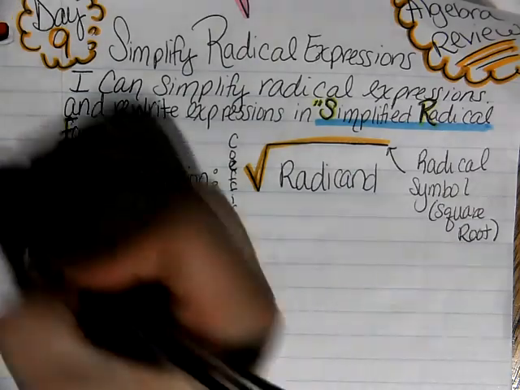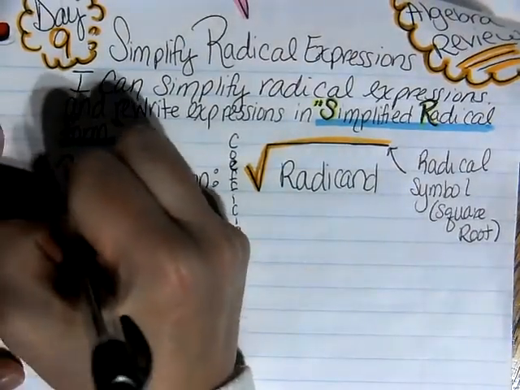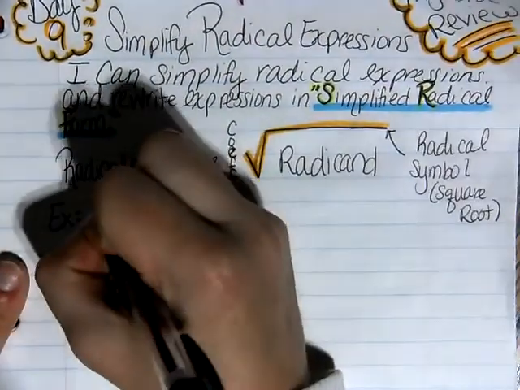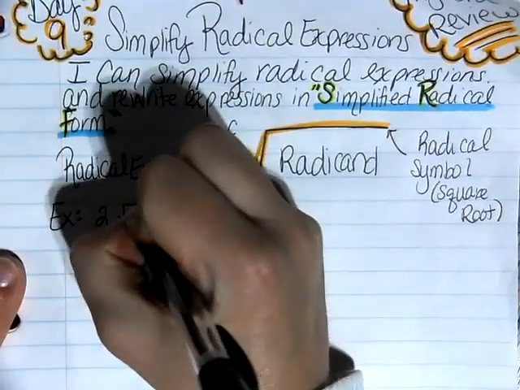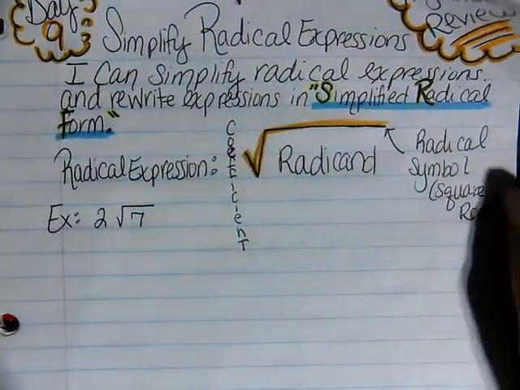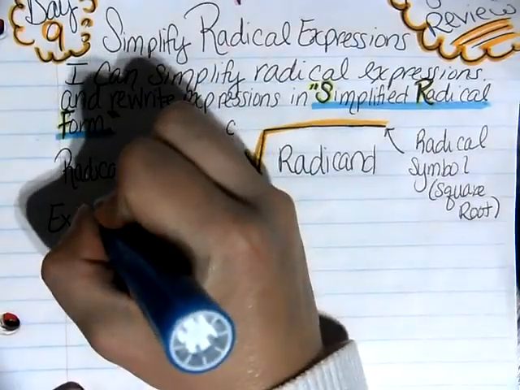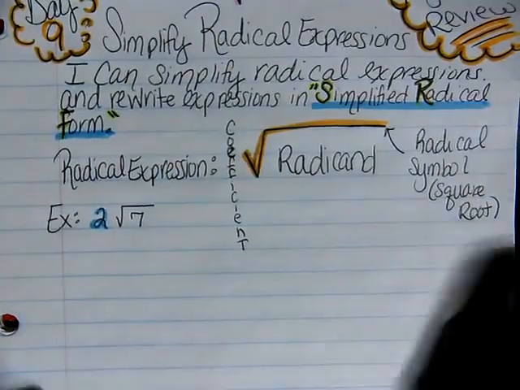So for example, if we were to talk about 2 times the square root of 7, 2 would be considered the coefficient.